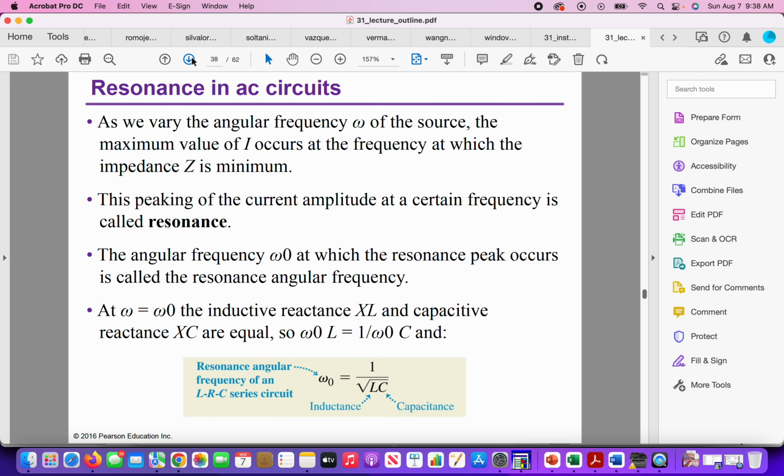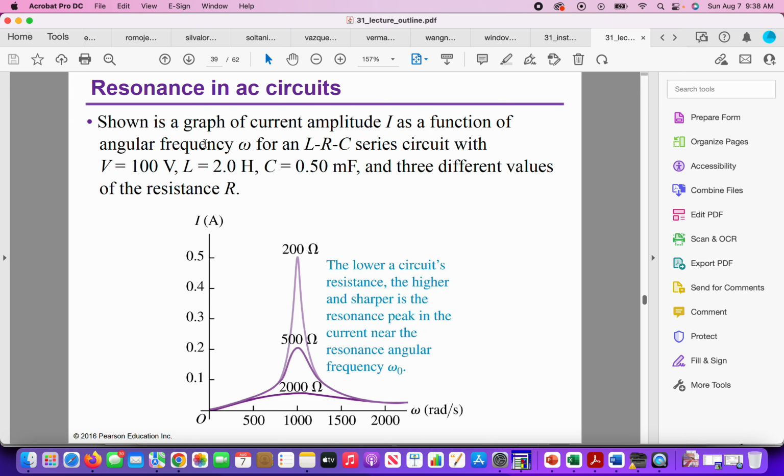Now, as we change the angular frequency of the source, omega 0 occurs when omega equals 1 over the square root of LC, where L is the inductance and C is the capacitance of the circuit.